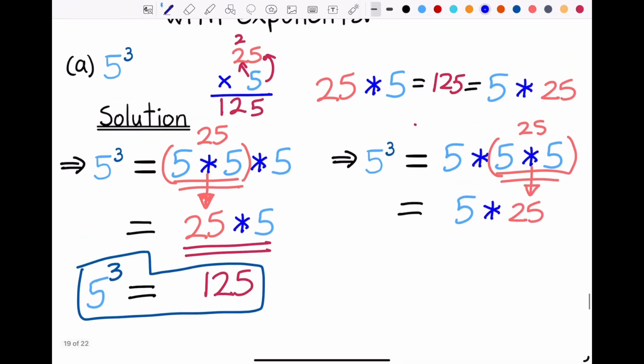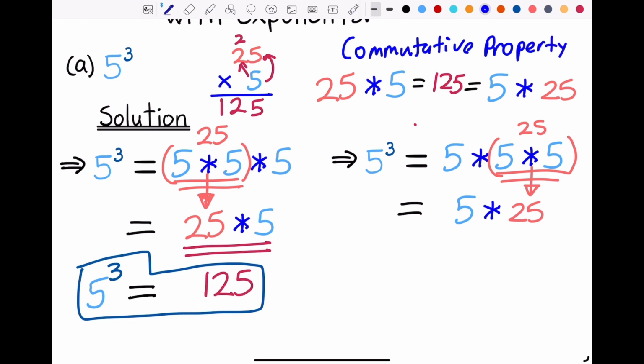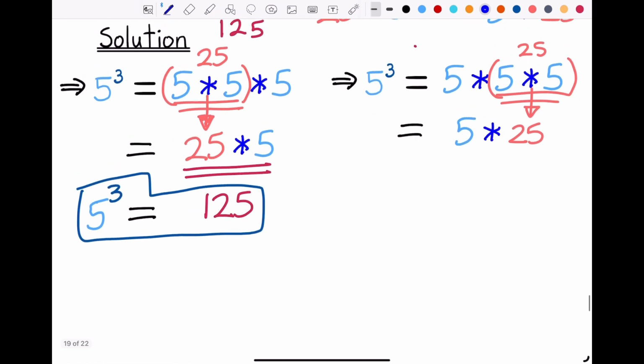And this is another property of multiplication, which we call the commutative property. The commutative property tells us no matter what order we multiply 2 numbers together, we still get the same product. Alright, so now using the commutative property, we know 5 times 25 equals 125.